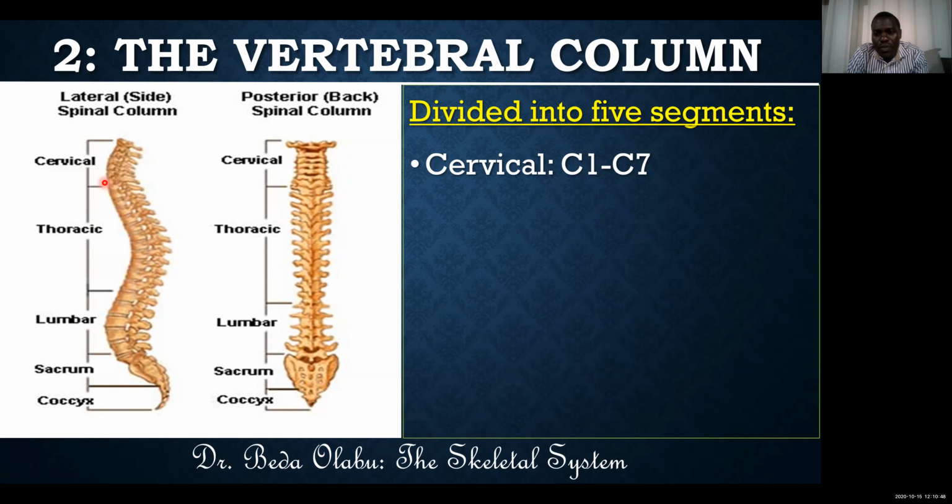Nobody? Okay. So C1 is what we called the atlas in high school. C2 is what we call the axis in high school. Unless, I think the syllabus may have changed. But yeah, that's what we used to call them those days.